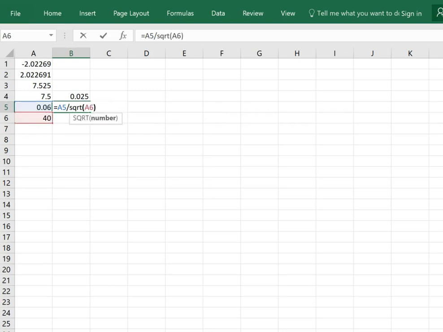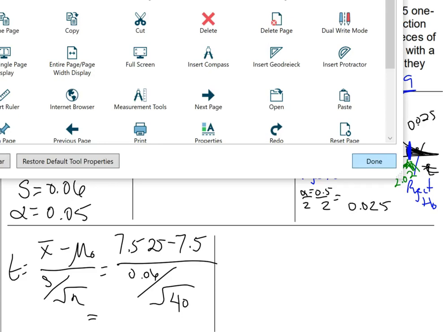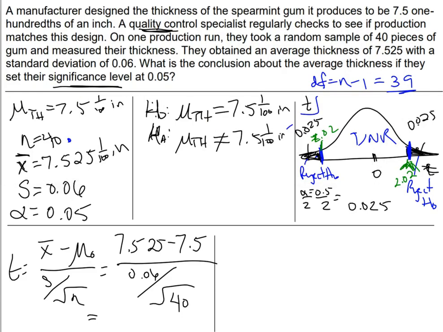In that case, it was 40. Right, and so that's my way that I'm normalizing my t-distribution, and I get a value of 2.63, right?